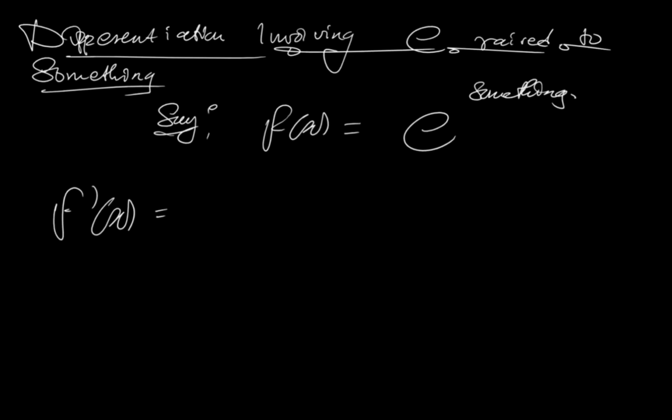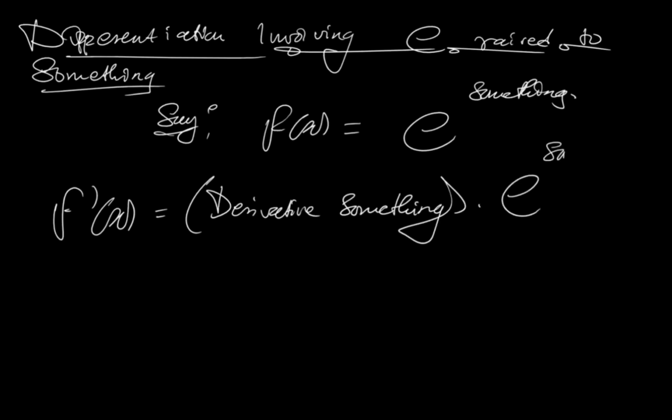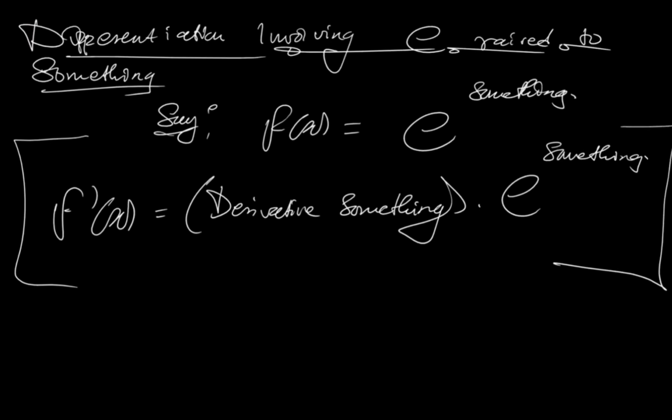Given f of x is equal to e to the something, the derivative of e to the something will be the derivative of something times e to the something. Don't forget this.